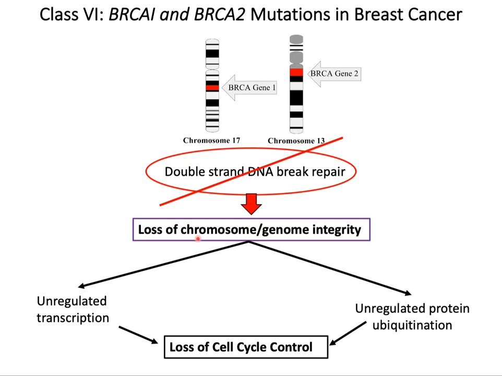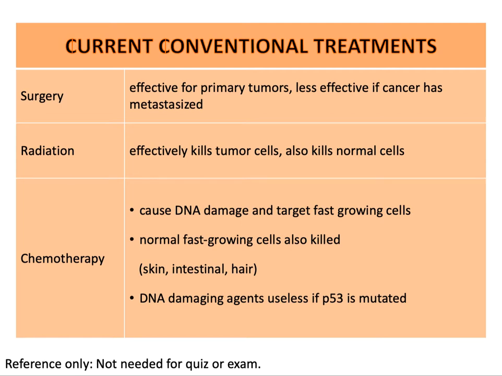We have seen a similar example of this in Burkitt's lymphoma in part 2 of the topic. This gross change can lead to altered transcriptional regulation, protein ubiquitination of the cell cycle control proteins, leading to cancer. So let's end by mentioning the current treatments and some future prospects.